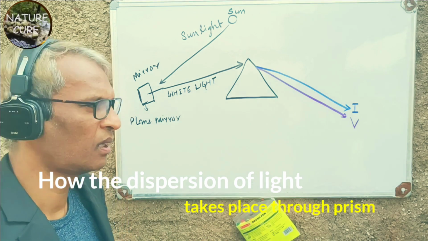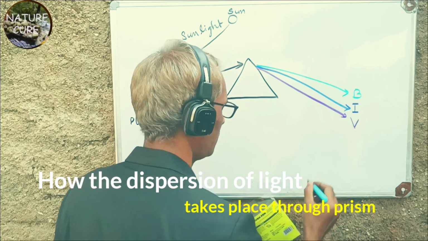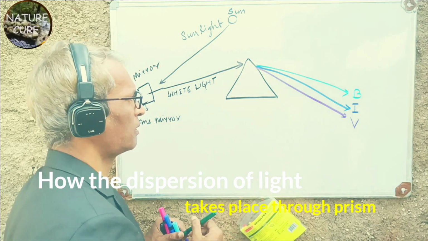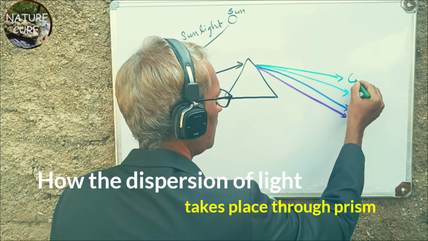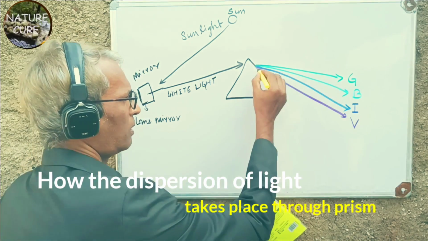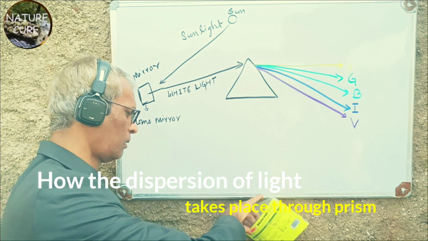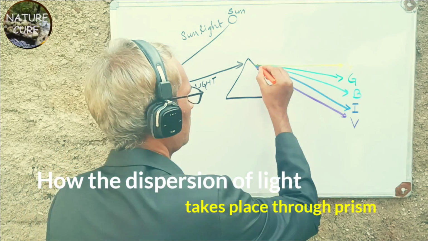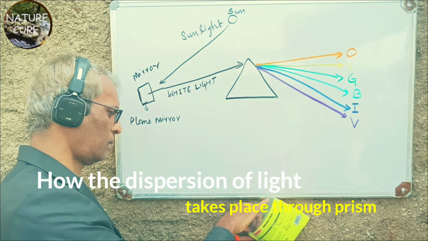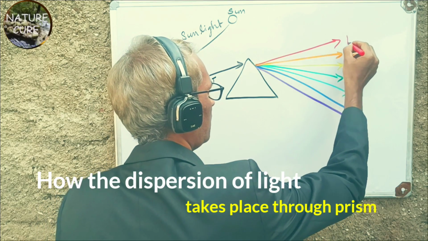then violet, indigo, blue, green, yellow, orange and red.